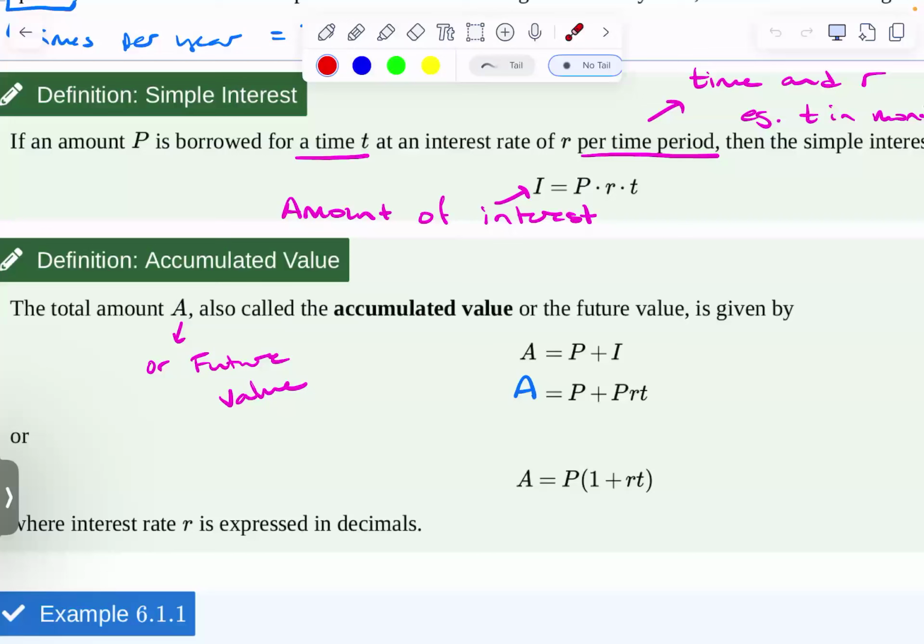Then we introduced A, the accumulated amount after that time T has passed. We sometimes call it the future value.